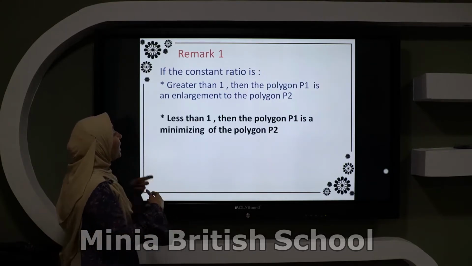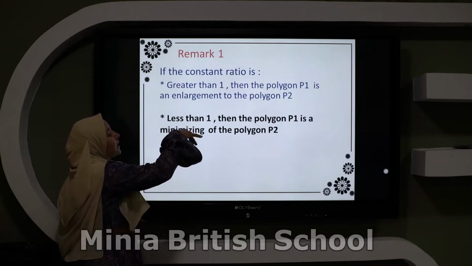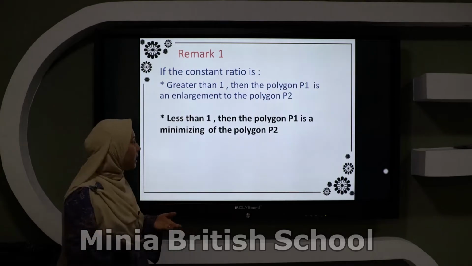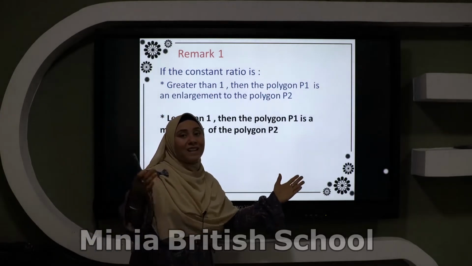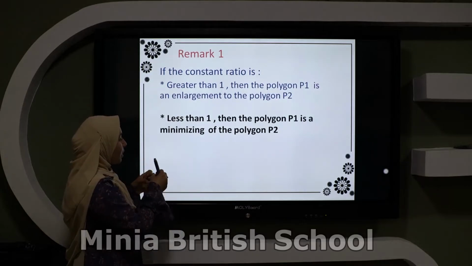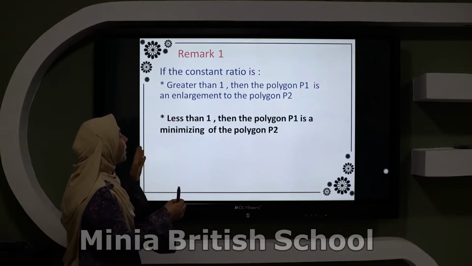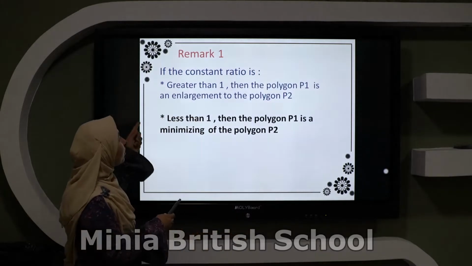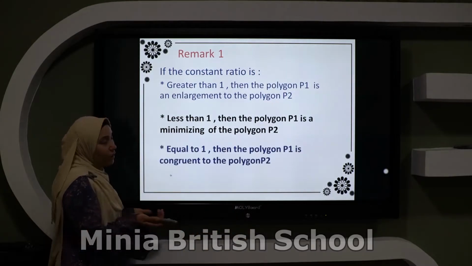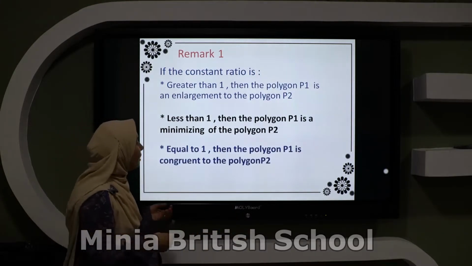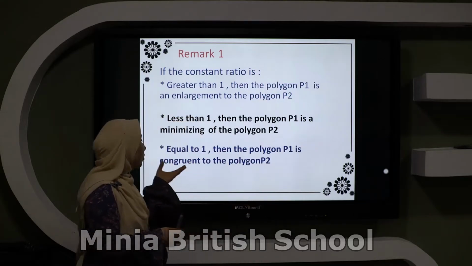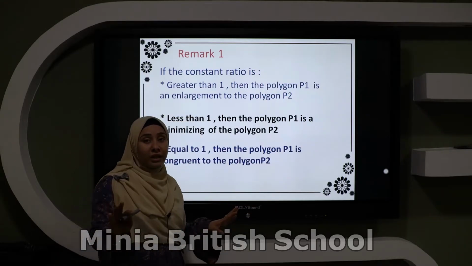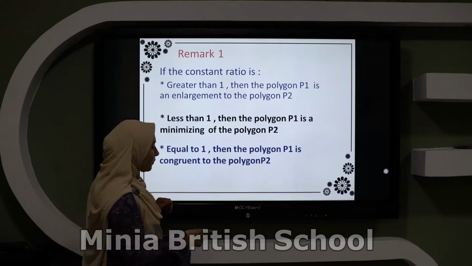But if the constant ratio is less than 1, the polygon P1 is a minimization of the polygon P2. But if the constant ratio is equal to 1, I mean the polygon P1 is congruent to polygon P2, okay?